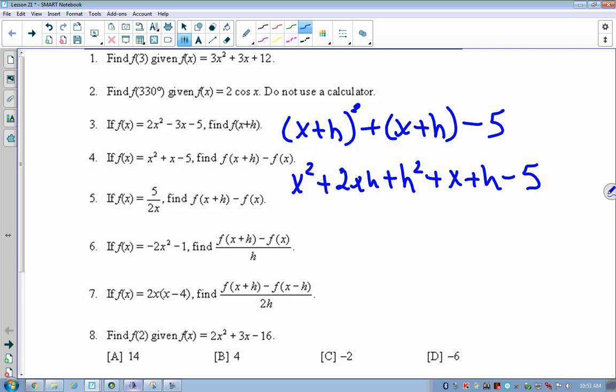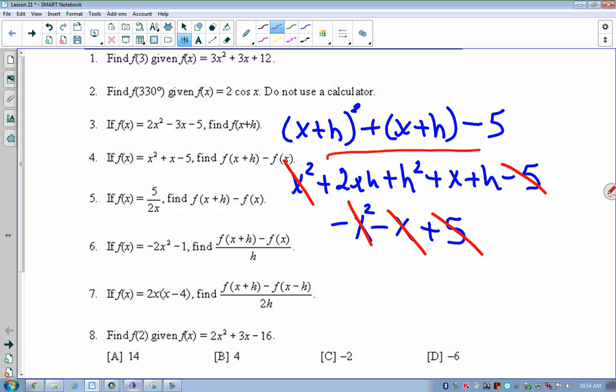But I want to subtract f of x: minus x squared minus x, because I'm distributing the negative, plus 5. What I should see is that x squared minus x squared cancels out, x minus x cancels out, and negative 5 plus 5 cancels out. So what I should be left with is just 2xh plus h squared plus h.